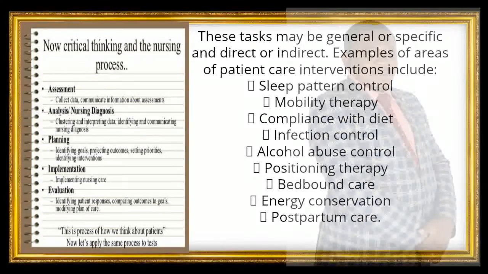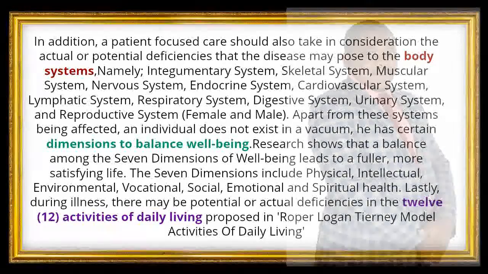In addition, patient-focused care should also take into consideration the actual or potential deficiencies that the disease may pose to the body or system. Namely, we have the integumentary system, skeletal system, muscular system, nervous system, endocrine system, cardiovascular, lymphatic system, respiratory, digestive, urinary, and reproductive system.